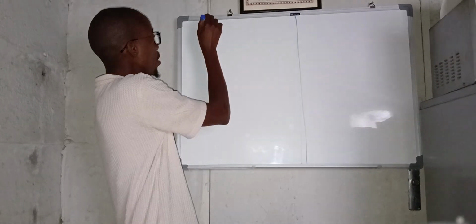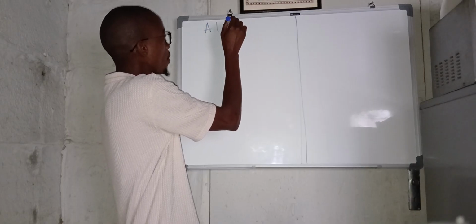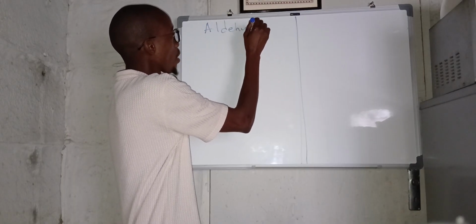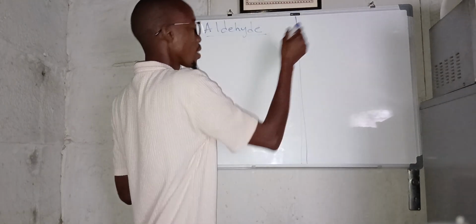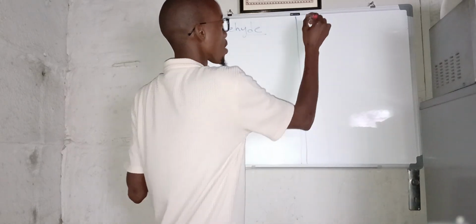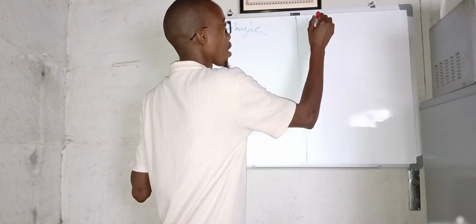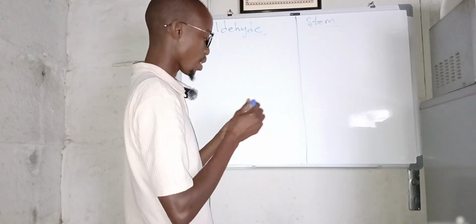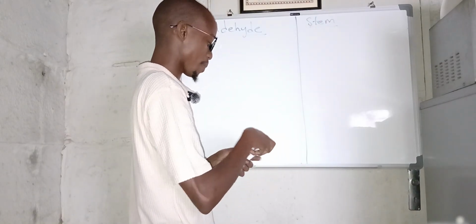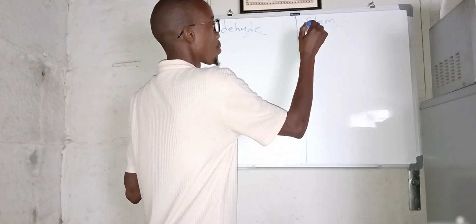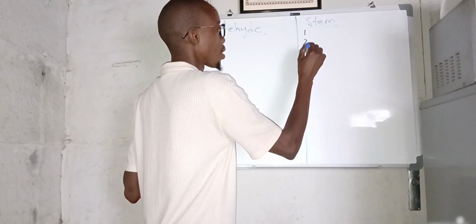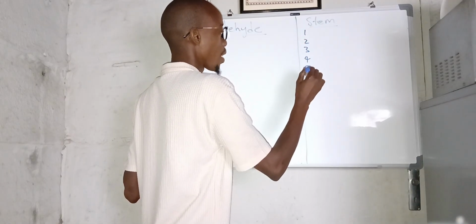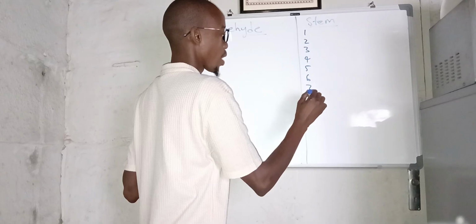So we will be starting with aldehyde, and I'm going to write the prefix stem, just to remind ourselves of the things that we spoke about previously. The stem will be having 1, 2, 3, 4, 5, 6, 7, and 8.